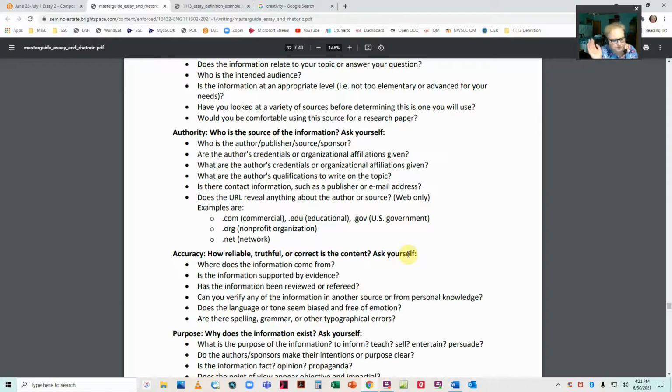And again, it's not that they wouldn't have things that are valuable or true, but when writing an academic paper, you have to find the sources that actually have credentials that prove they have some kind of merit, some kind of knowledge that's been formally tested or verified, right? And that's why you have to look at credentials, right?